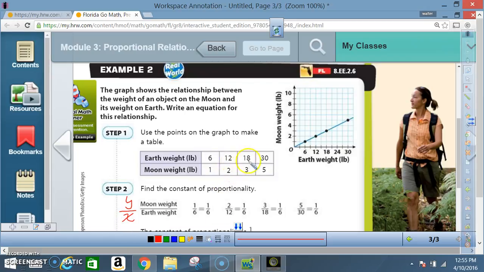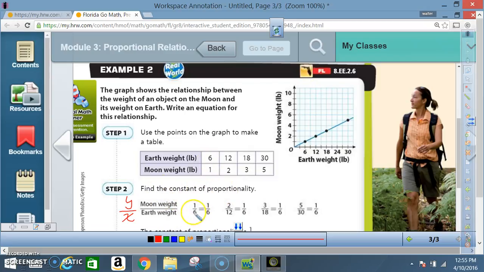So now, after writing all the points down on the table, (6, 1), (12, 2), (18, 3), and (30, 5), you determine your constant of proportionality.